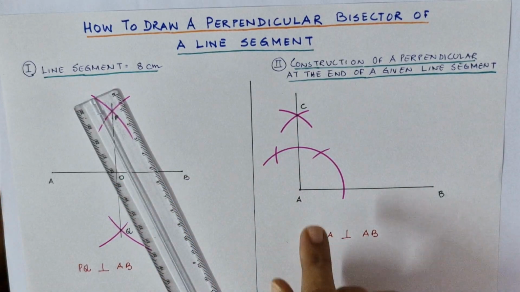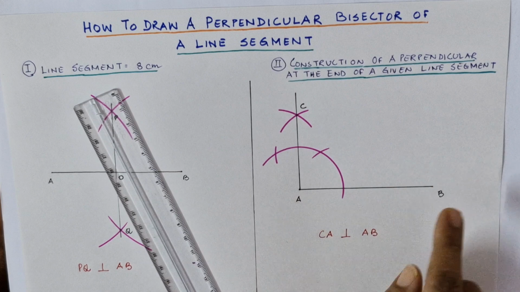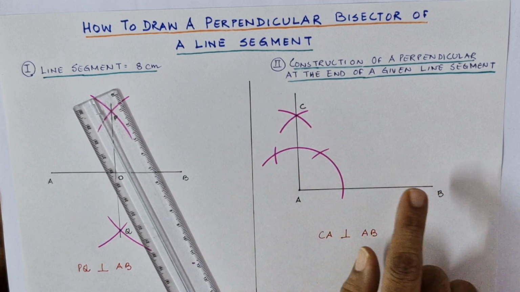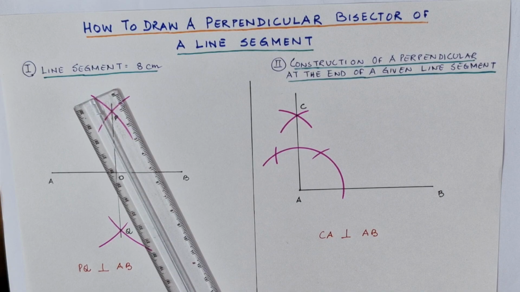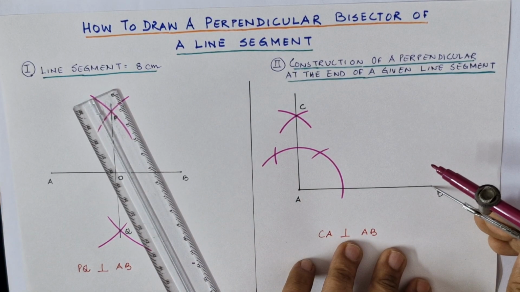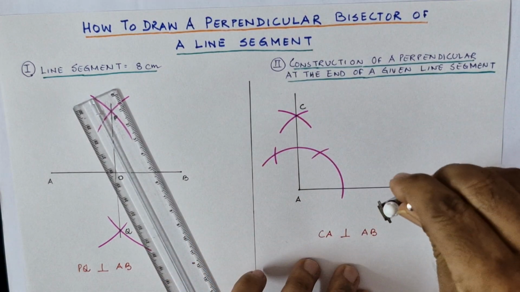So follow the same process if you need to draw the perpendicular on the other end, for example, B. You can draw in the same way. Take this arc, same radius, do not change the radius, and draw an arc like here.